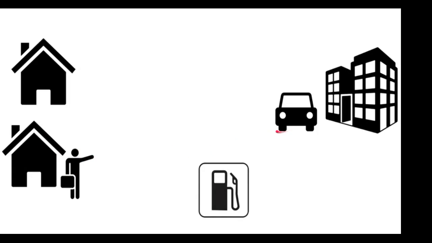Imagine a taxi which is self-driving, with no driver involved, and there is a smart contract on the blockchain which has an algorithm allowing the taxi to find its nearest customer.